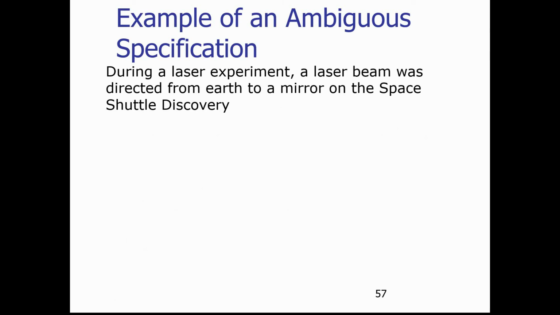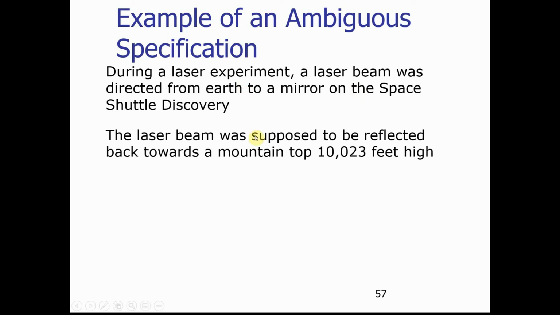Okay, let's look at one example of ambiguous specification and what will happen if we have one. During a laser experiment, a laser beam was directed from Earth to a mirror on the Space Shuttle Discovery. The laser beam was supposed to be reflected back towards a mountain top 10,023 feet high.